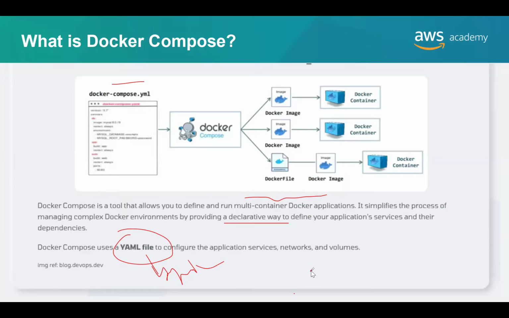JSON has a key value pair. YAML is... Okay, I will tell you.